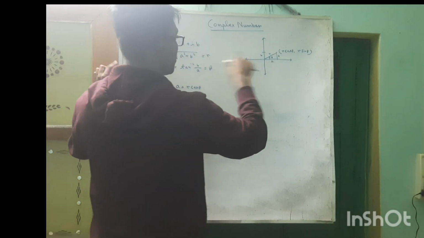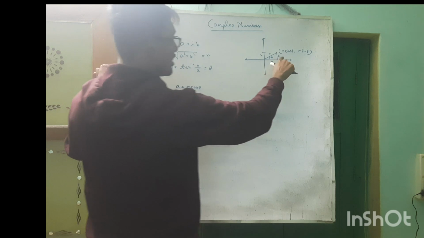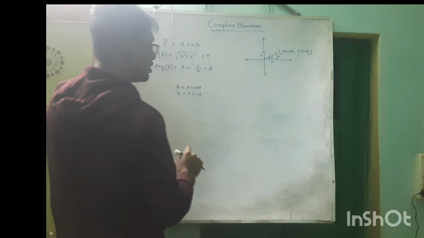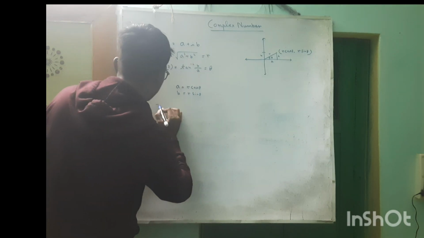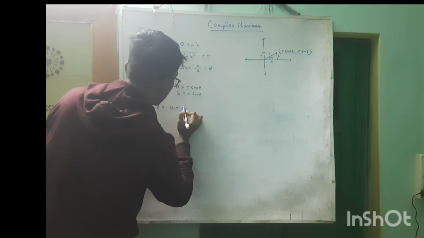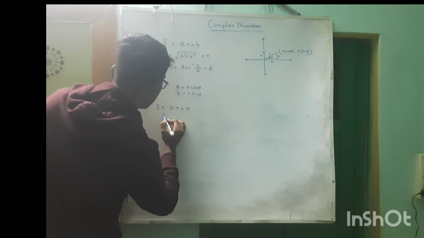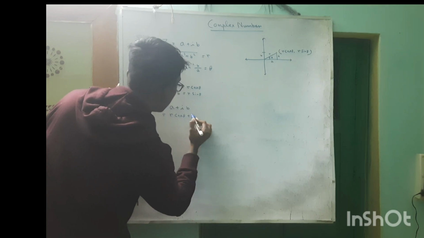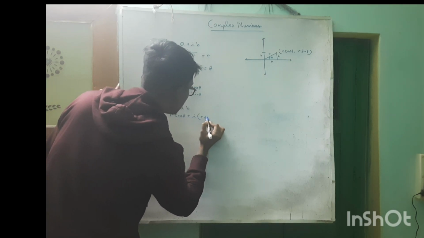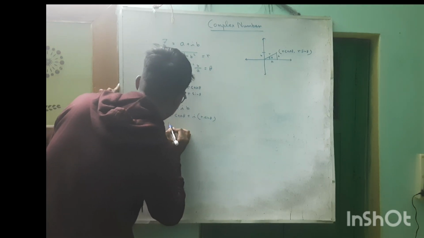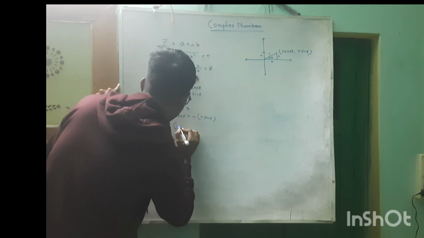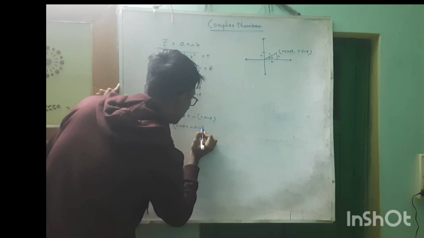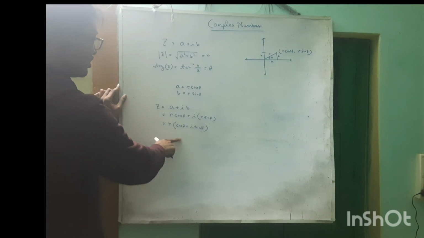So you can represent a complex number as (a, b) and as (r cos theta, r sin theta), where r is the modulus and theta is the argument of that complex number. So you can write z is equal to a plus ib, a is equal to r cos theta and b is equal to r sin theta. So r cos theta plus i r sin theta. This is another representation of a complex number.